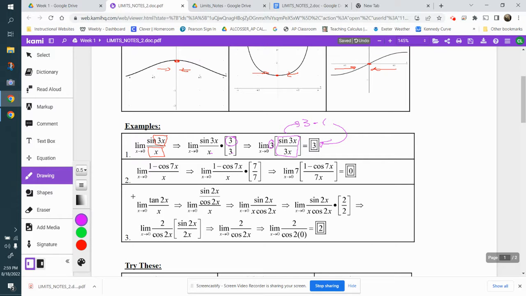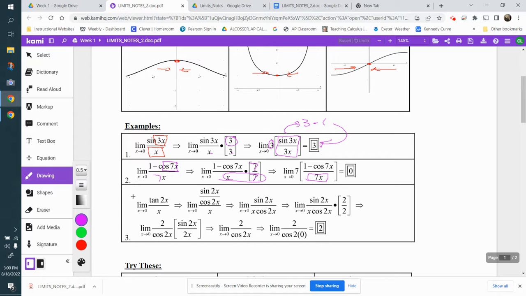So let's look at this. I've got this idea here. I draw a box around it. I put a 7 in front of it because I need a 7. That's my 7 right here. What I do to the denominator, I have to do to the numerator. That creates this 7x right here. So 7 times x creates my 7x in the box right here.